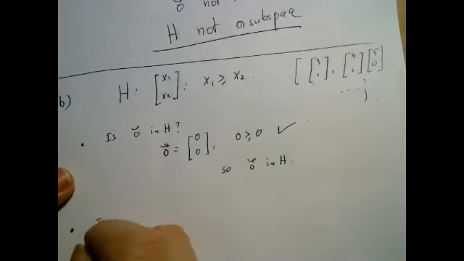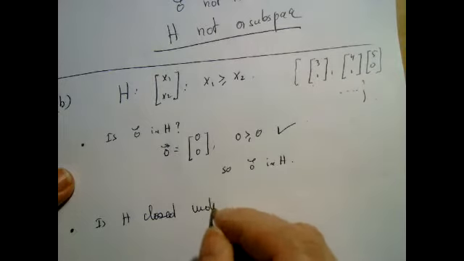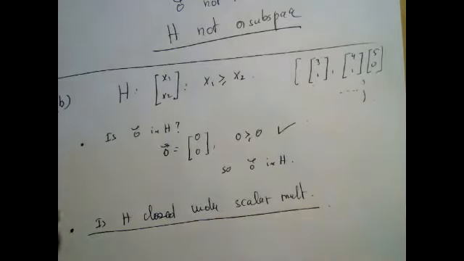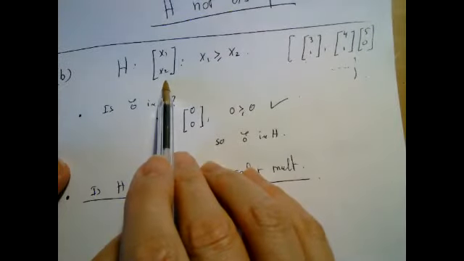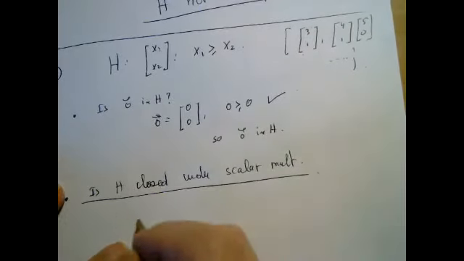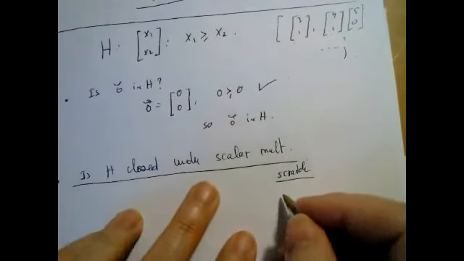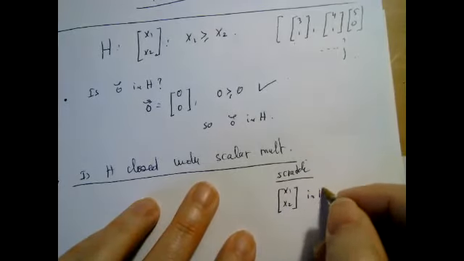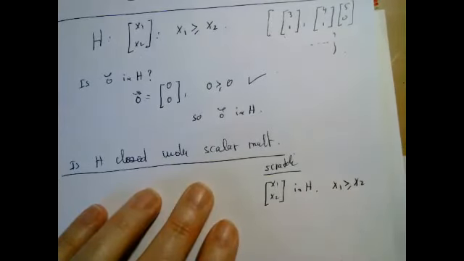So the question now is, is H closed under scalar multiplication? Okay, let us think about that. What does it mean? It means if I take a vector in here where the first component is larger, I'm going to do some scratch work here and really try to think about that. If I take a vector in H, it means the first component is bigger than the second.